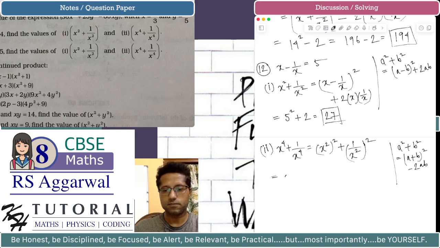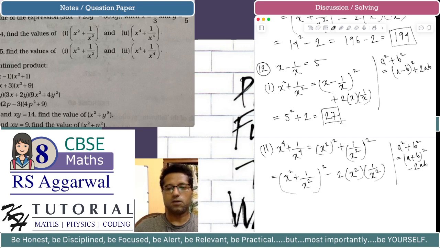So this becomes x square plus 1 by x square, this whole square, minus 2a into b. So x square plus 1 by x square, we already know from part 1, is 27. So this is 27 square minus 2, which is equal to, how much is 27 square?